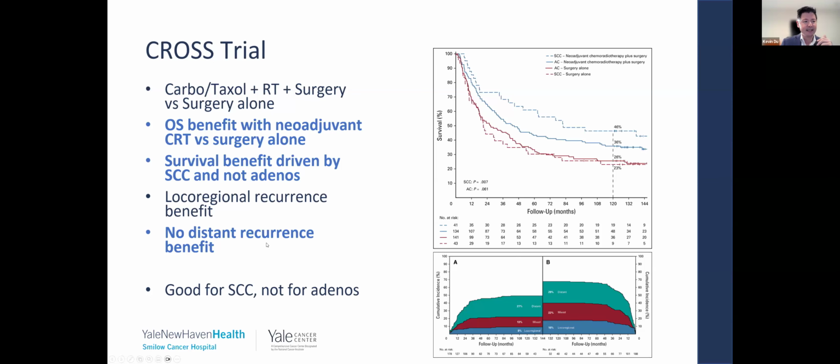That is, even though this combination of chemotherapy and radiation was better at reducing local regional recurrence, it didn't seem to decrease the rate of distant metastatic disease. So my takeaway from the CROSS trial is that it's a really good regimen, probably for squamous cell cancers, but we probably can do better for adenocarcinomas.